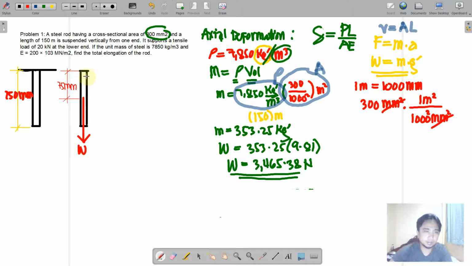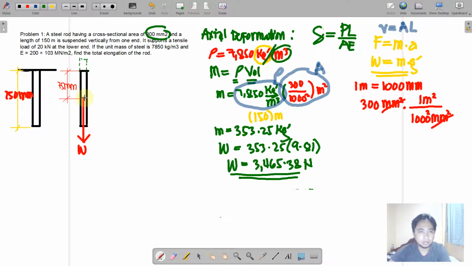Okay. So while we are hanging this rod, W here tends to pull this down, stretching the upper portion. Okay, so it will stretch the upper portion only, because the weight is concentrated on the center or on the centroid.